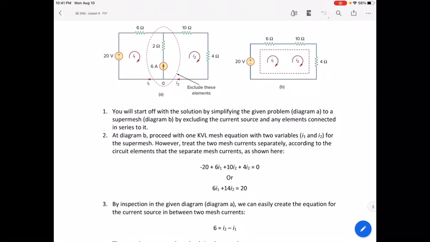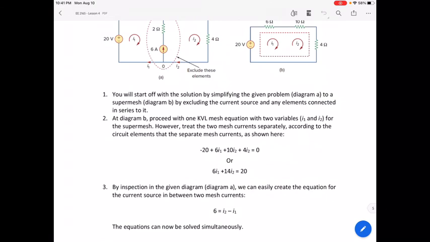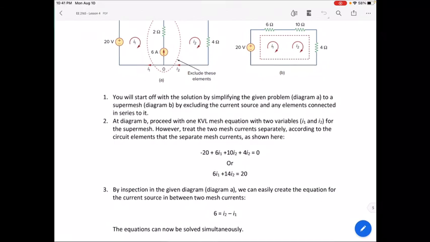So from diagram A, it is evident that the 6 ampere is equal to I2 because it matches the direction of mesh current 2, minus the mesh current 1 because it opposes the flow of the current at mesh 1. Okay? So we have our equations, and now the equations can be solved simultaneously.